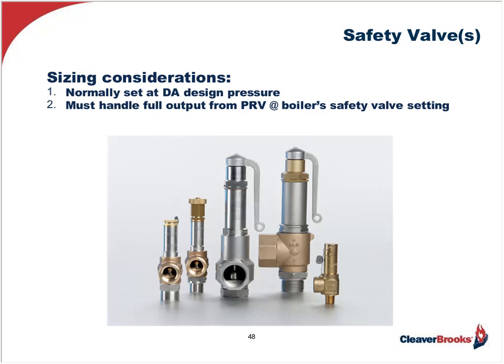In other words, if that were to happen, and we had a boiler operating at 125 pounds, and our PRV was sized for that pressure, but the safeties on the boiler were set at 150 pounds, we would have to reference the same size PRV, the one that we selected, but now at the 150-pound pressure to see how much steam the safety valve would need to relieve in pounds of steam per hour.